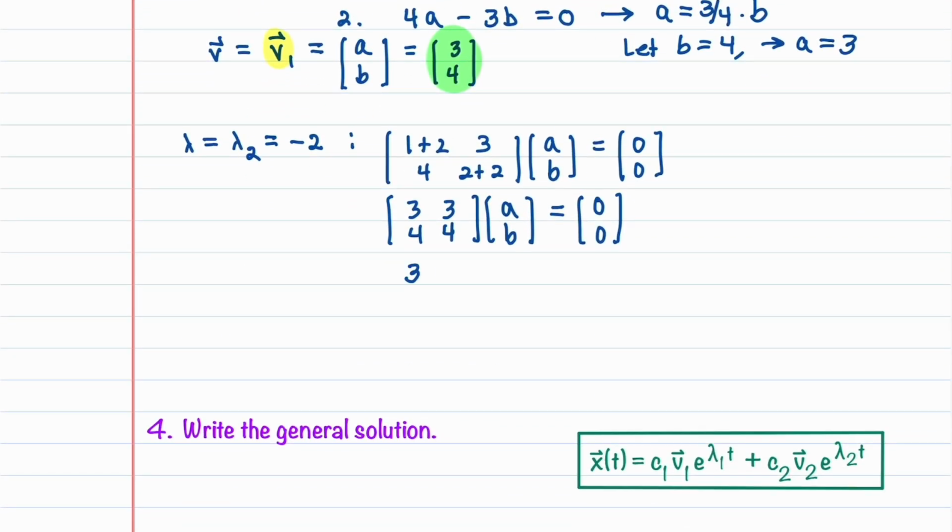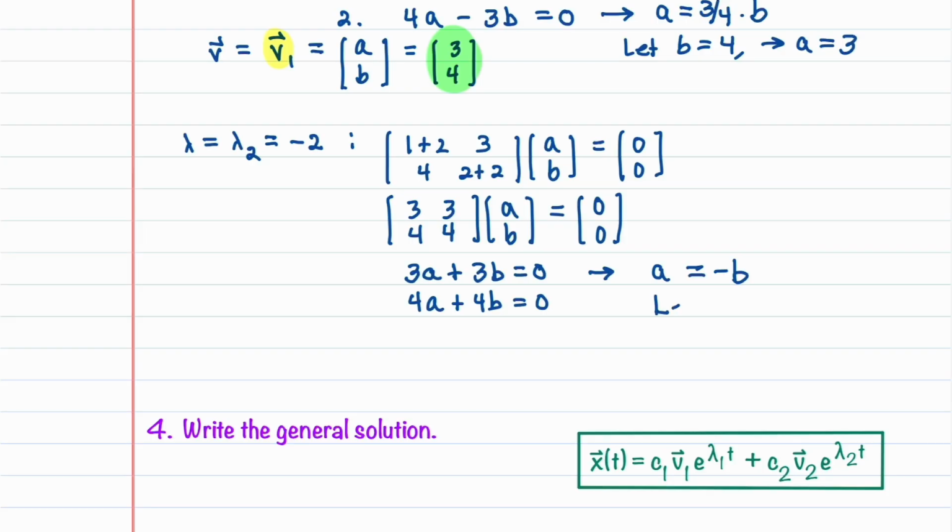This gives us the equations 3a plus 3b is equal to 0, and then 4a plus 4b is equal to 0. So this is the same equation, and we get that a is equal to minus b.